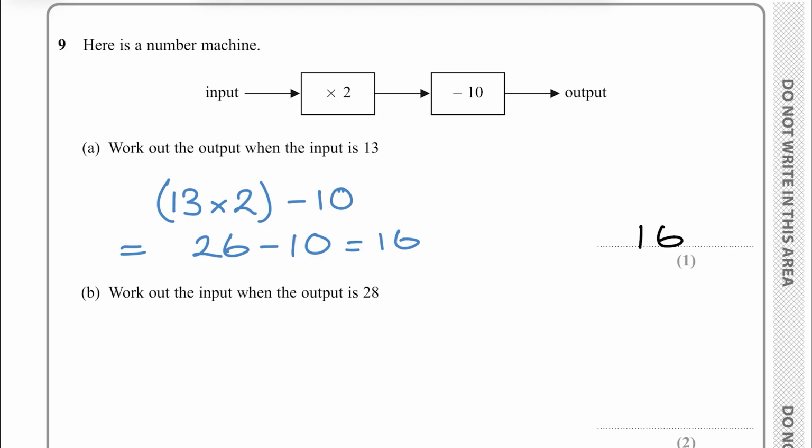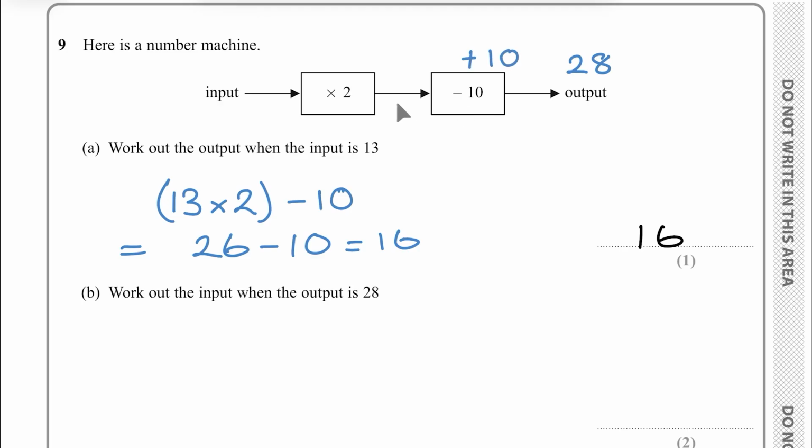Now work out the input when the output is 28. This is 2 marks. Okay, what they're looking for you to be able to do here is the reverse of the number machine. So when we put a value in, we get our output. And if we go the other way, we would get the input. So we have a value of 28. So 28 is our output. Now we've got to go the other way. So we've got to not subtract 10, we've got to add 10.